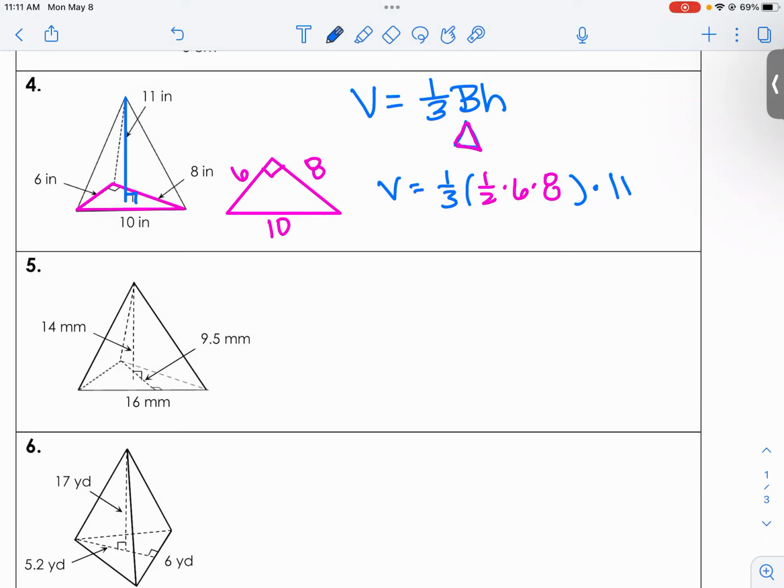So in your calculator, I think it would be helpful for you to take 0.5 times 6 times 8 times 11, and then you can divide by 3 for the 1/3.